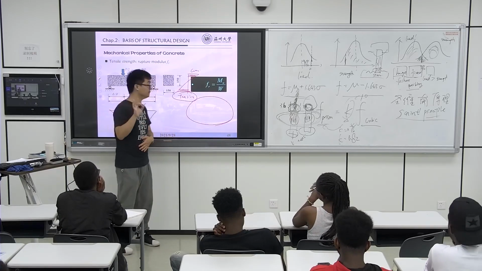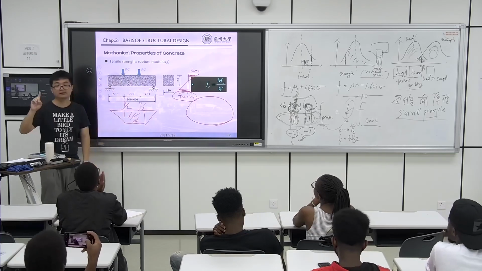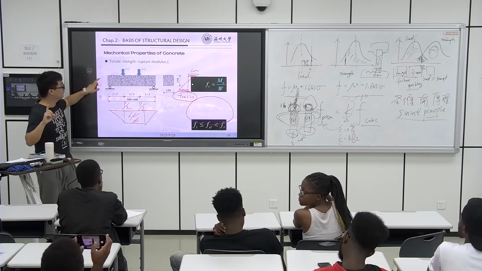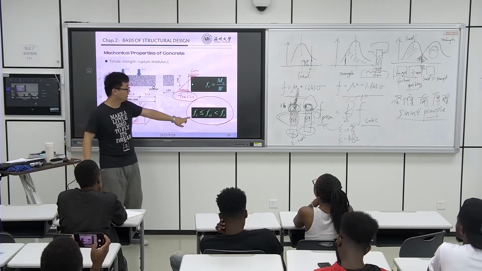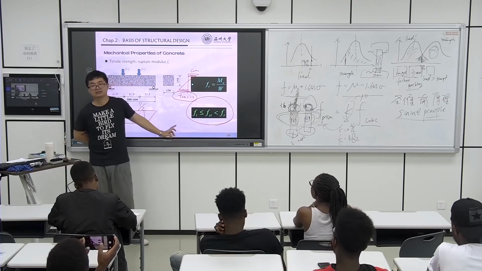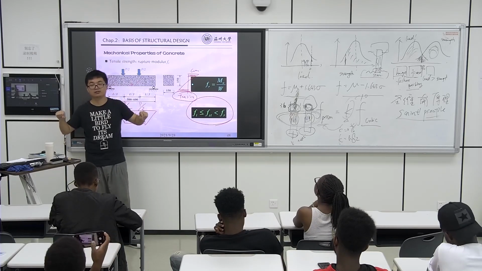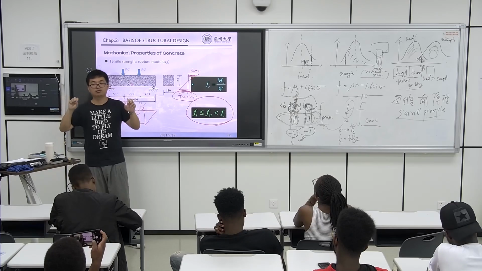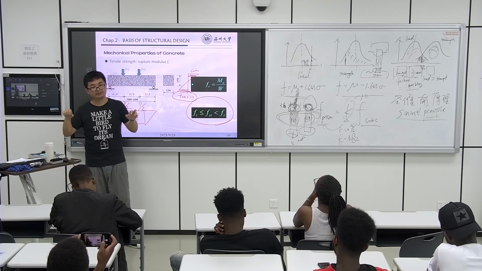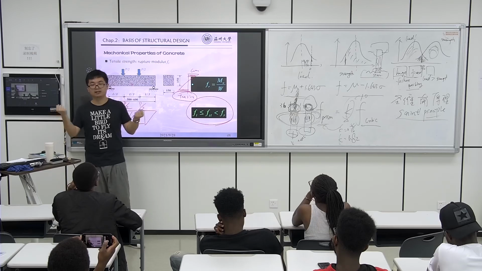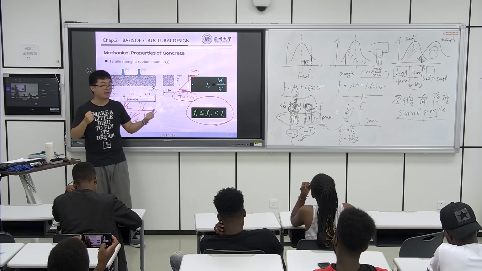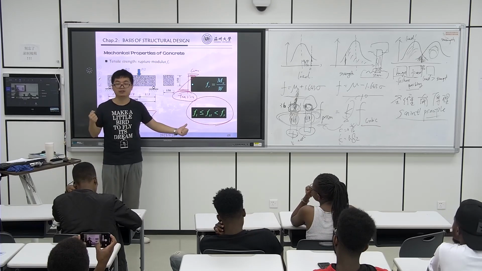From here we get 3 tension stresses. One is FT. FT is the tension stress we get directly from the axial tension stress. Use a steel bar embedded in the specimen and give the tension force to measure the concrete tension stress.